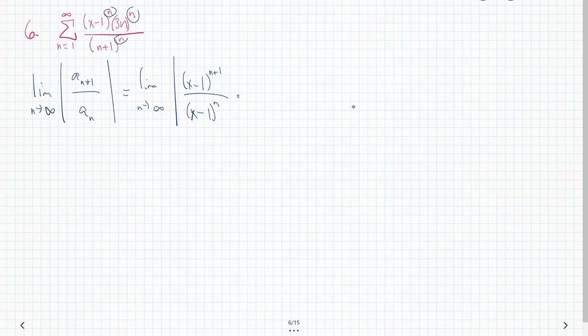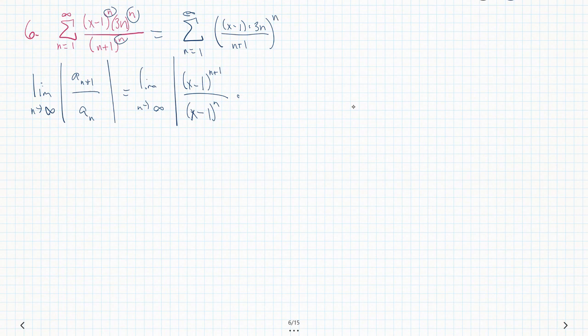If you have everything raised to the nth power, we could have rewritten this whole summation as a summation n equals 1 to infinity of x minus 1 times 3n all over n plus 1, raised to the nth power. That's the same thing, right? And that's a real trick to a lot of these. That's why we want to look at whether there's another way we can rewrite these summations.